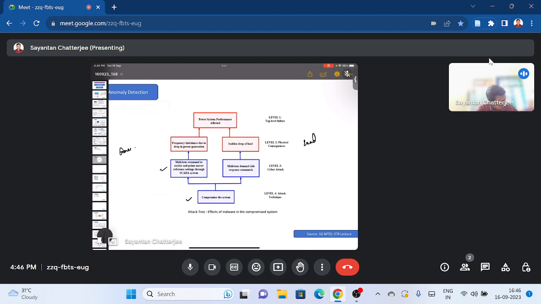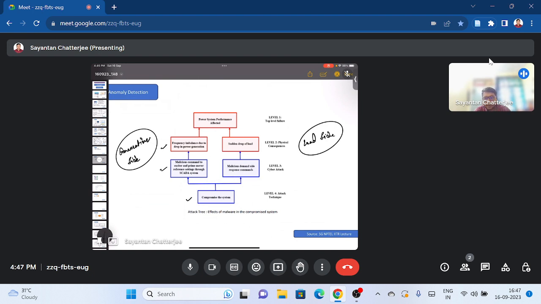Okay, this is the generation side, and the load side.